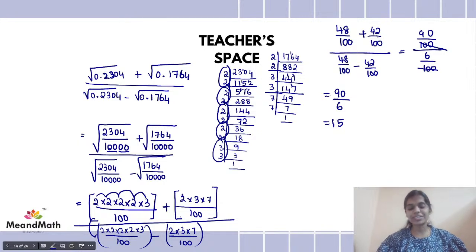Very good. Start working, my dears. Don't feel that because you are making mistakes, you are very weak in this concept. No. The Me and Math team is here to help you out. Come on, start working by yourself. Okay, very good. I got a response from Kritik. How about others?